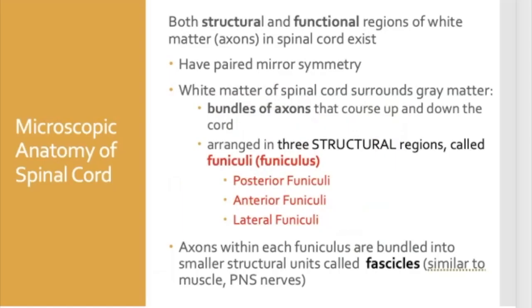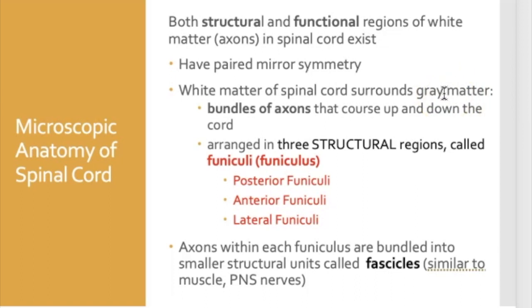In addition to a lot of new gross anatomy when it comes to the spinal cord, we also have a lot of microscopic anatomy to learn. We can describe both structural regions in the cord, and we can also describe functional regions, particularly in the white matter. The white matter of the spinal cord, remember, surrounds the gray matter. And there are bundles of axons that travel up and down the spinal cord.